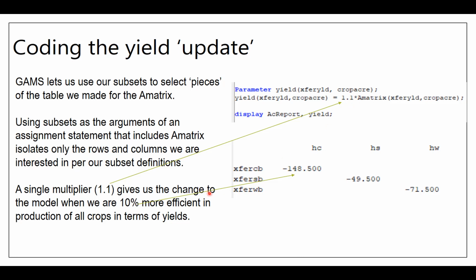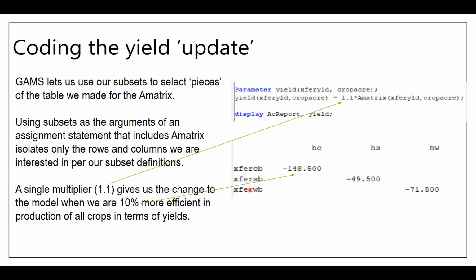This single multiplier gave us all those changes we need, and so now, because we have this subset parameter defined yield that translates to just this small piece of the A matrix, those rows, those columns, then we could actually just say redefine the A matrix using that small part of the A matrix, using these new yields we've calculated, using this diagonal matrix, right?